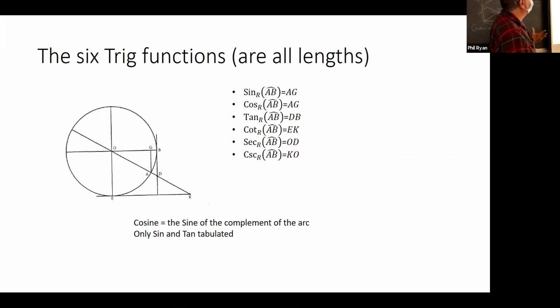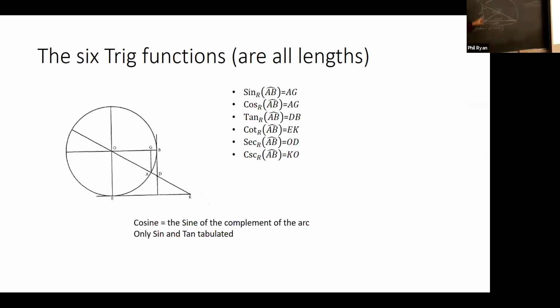So they mentioned all 6 trig functions, but they only gave the tables for 2. They only gave sine and tan. Because cosine, cotangent, and cosecant are called that because cosine, for example, is the sine of the complement of the arc.